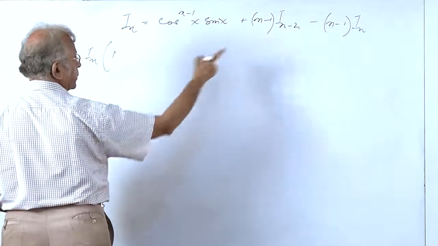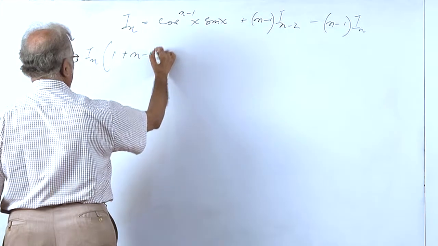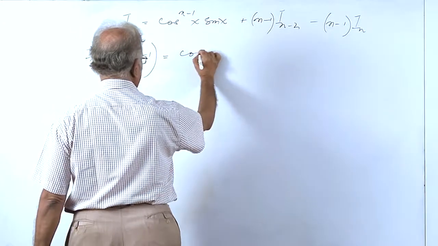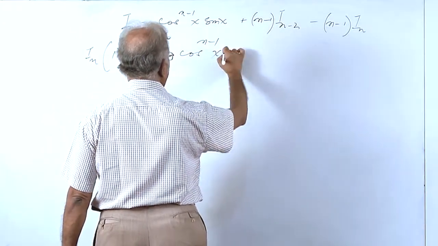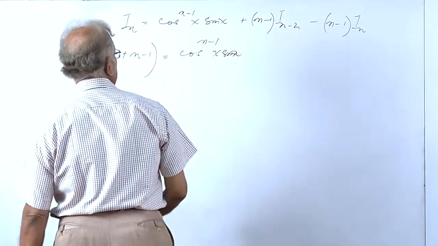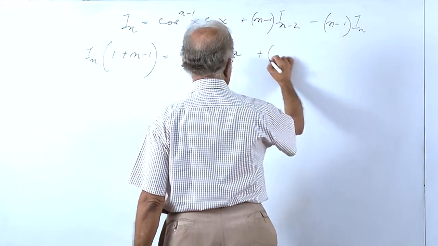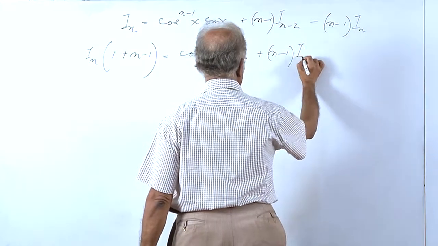This is 1 plus n minus 1 is equal to cos to the power n minus 1 x sin x, plus n minus 1 I sub n minus 2.